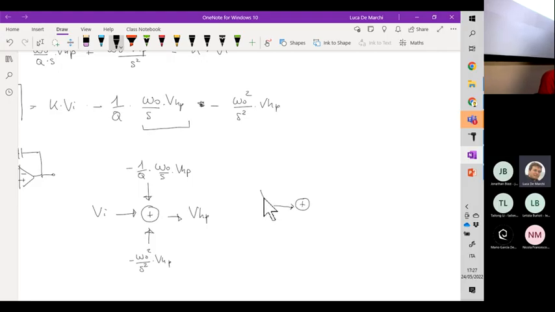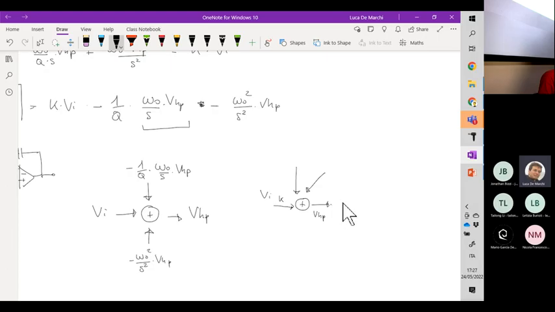Again, VI is fed through this adder, well, actually it can be multiplied by this factor K. Then here you need two additional feedbacks to get VHP.